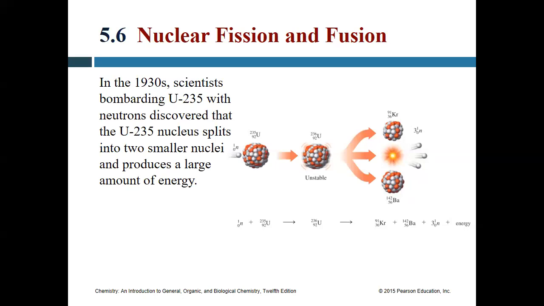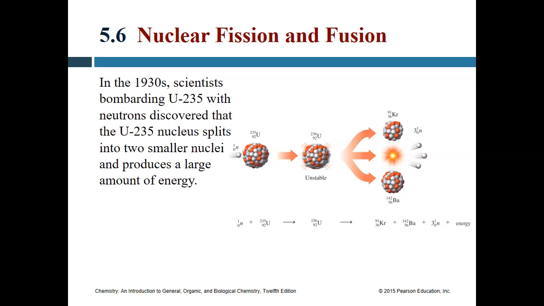What we don't always have a good handle on are these kinds of artificial processes that have led to major technological developments, but also major ethical decision-making dilemmas in terms of when is it appropriate to use this kind of technology.